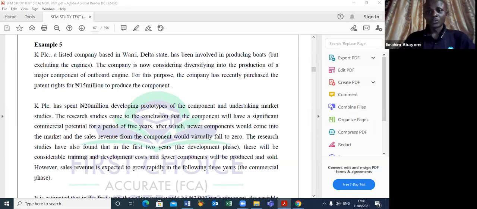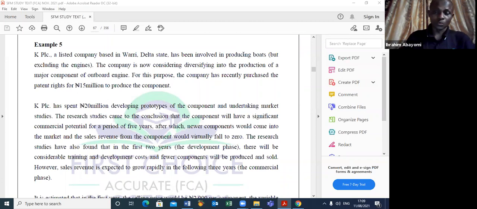It gives you focus. But if you read the question first, after reading the requirement you have to go back and read the question again, and that will waste a lot of time.